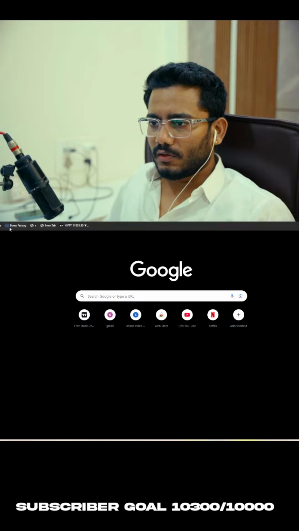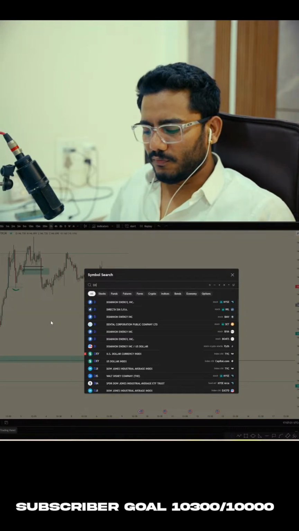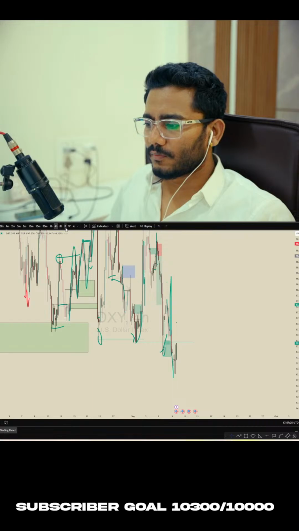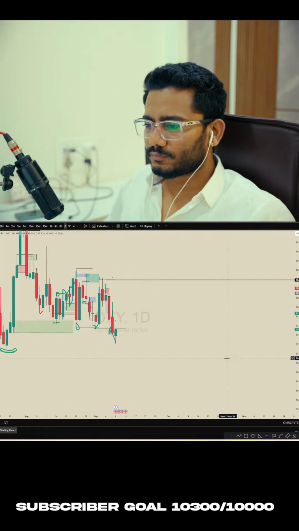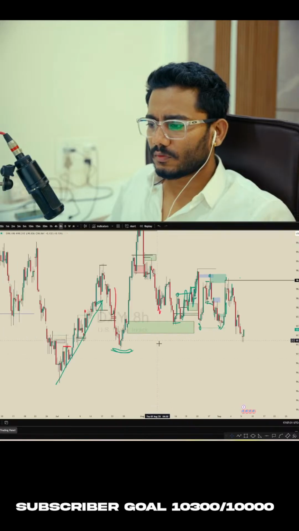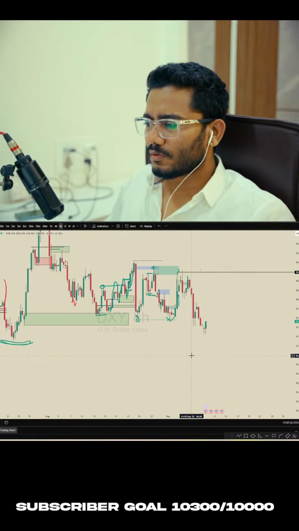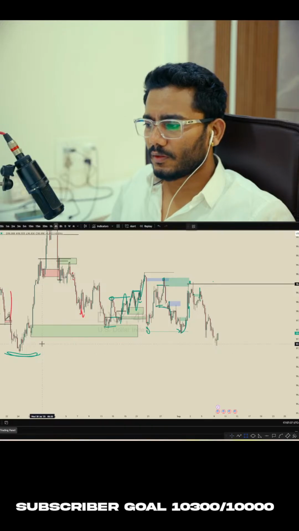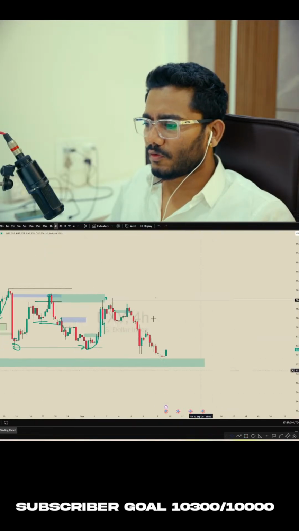Let's see DXY first. If we have news, then probably there will be a liquidity sweep. Okay. There's reaction from this order block.